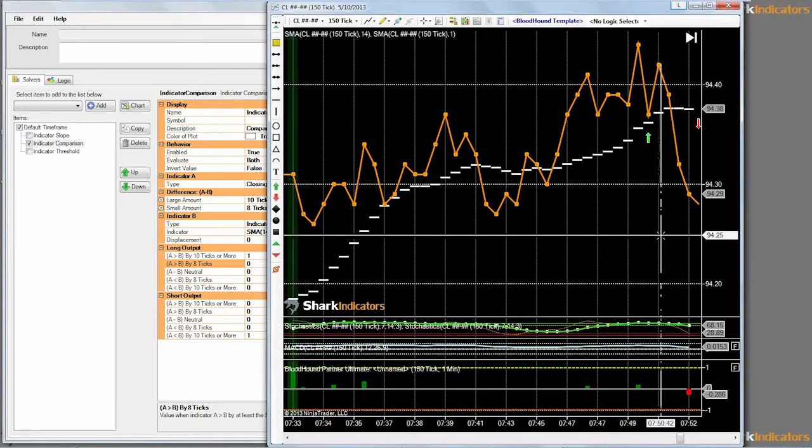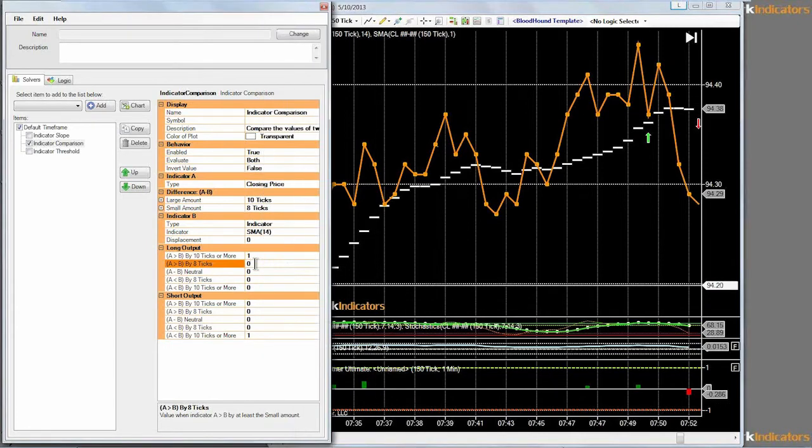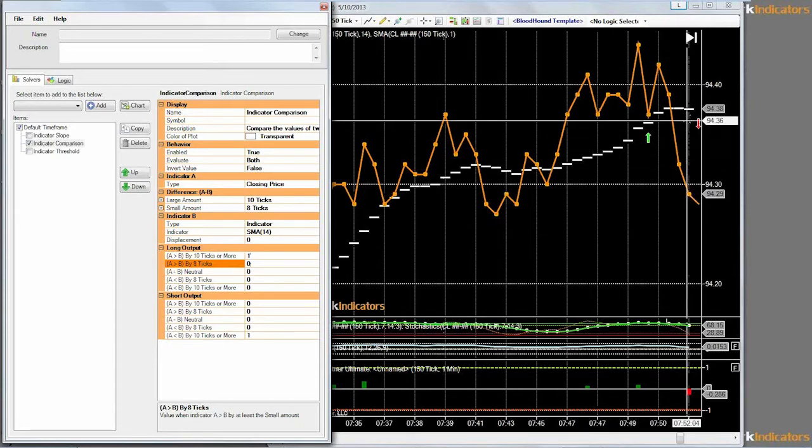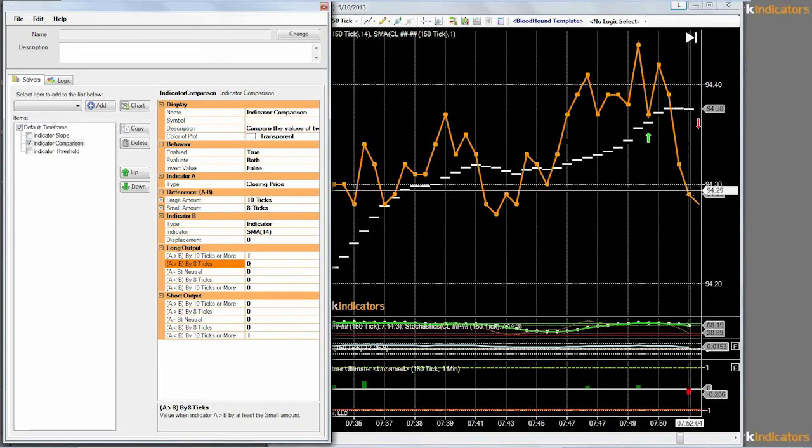And our solver's output here is at essentially 29%. So if 8 ticks is 0% and 10 ticks is 100%, 29% is going to be just over 8 ticks. So I know that the difference between our SMA and closing price is just over 8 ticks.